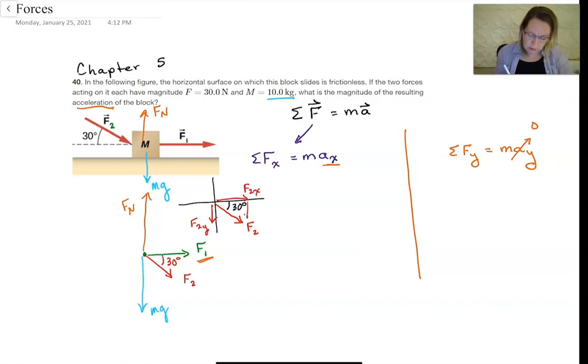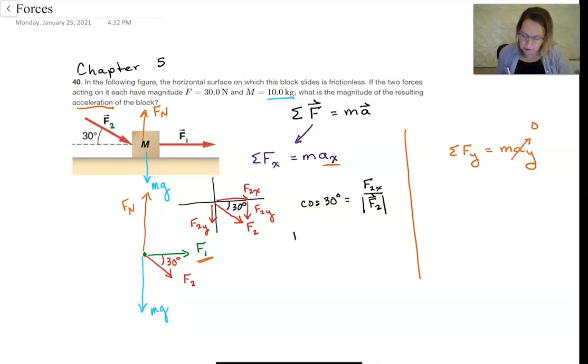I can redraw that F2y like that. And so I need to find the components. I notice that cosine of 30 degrees is equal to F2x over the magnitude of F2, which you can write like this, or as the magnitude of the vector. Either way works.